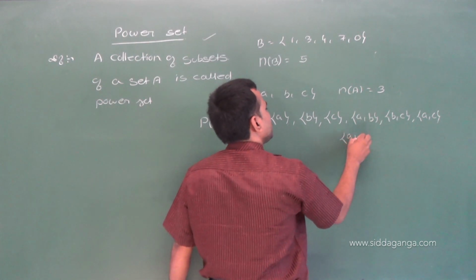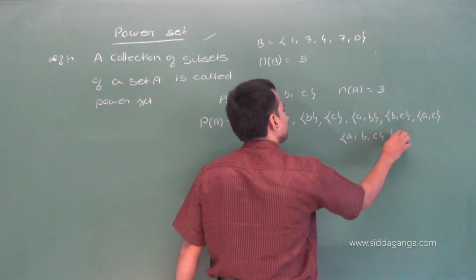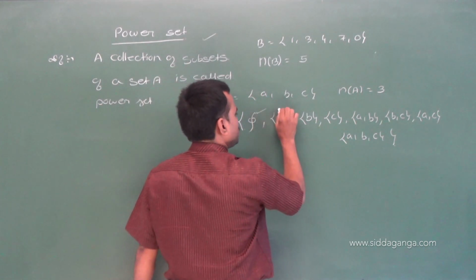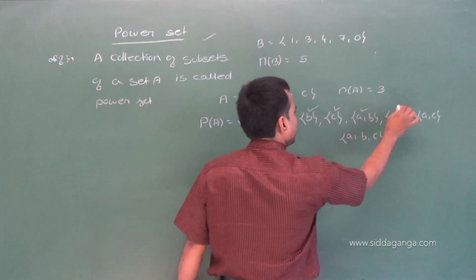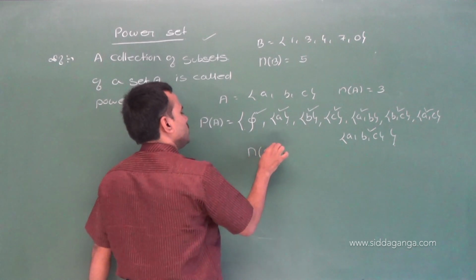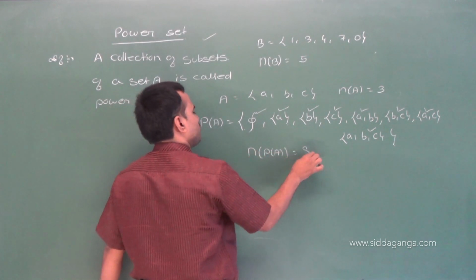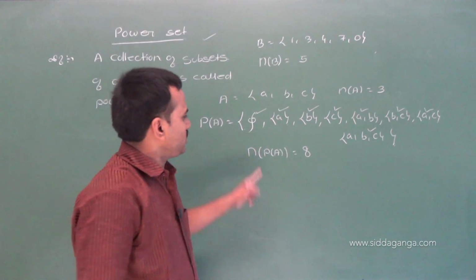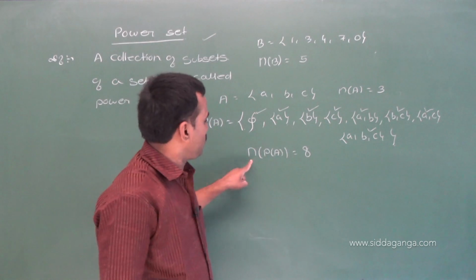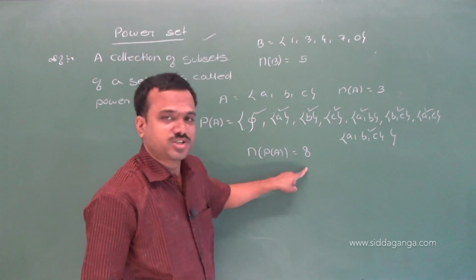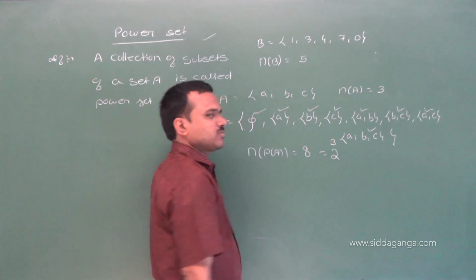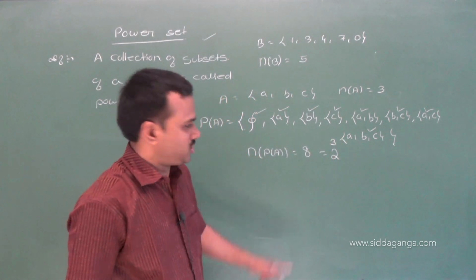Then {A, B, C}. Set is over. How many elements are there? 1, 2, 3, 4, 5, 6, 7, 8. So N of P of A is how much? 8. Number of elements present in P of A is what? 8. So this I can write as 2 to the power 3. 2 to the power 3 is how much? 8.